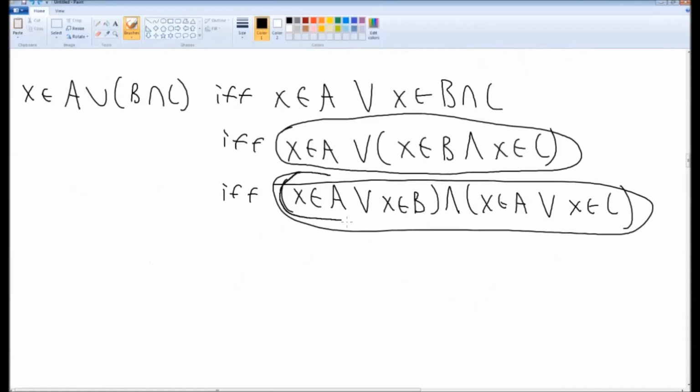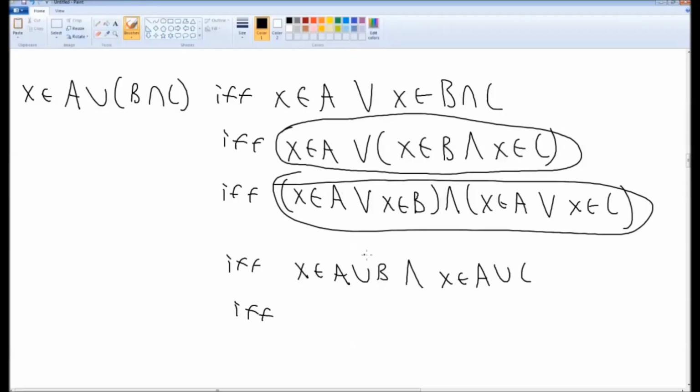So this bottom guy, okay, this part's the same as saying X is in A union B. And this part's the same as saying X is in A union C. Okay, and now you're saying you're in one set and you're in another set.